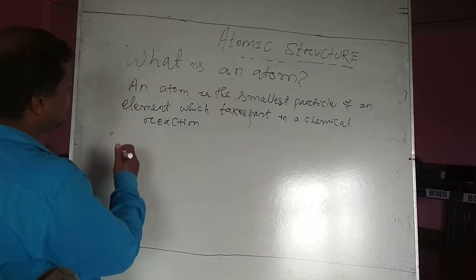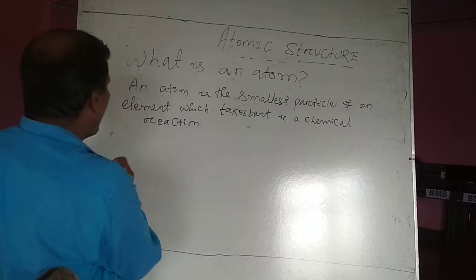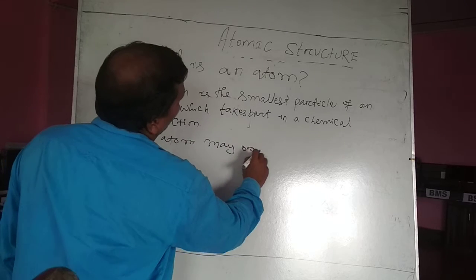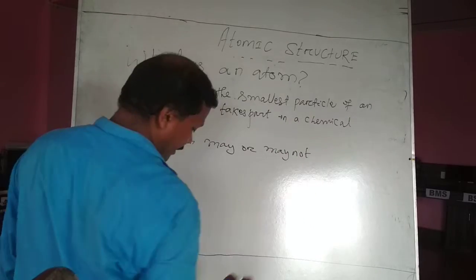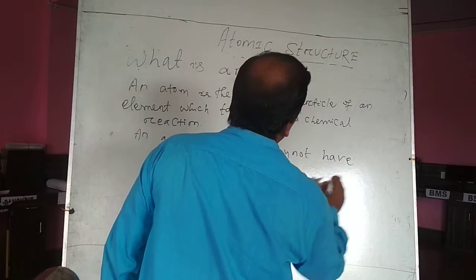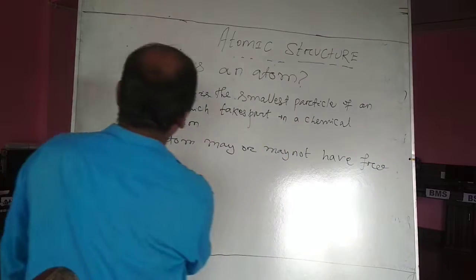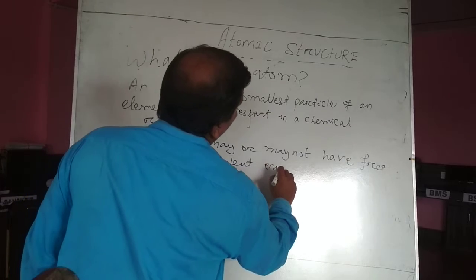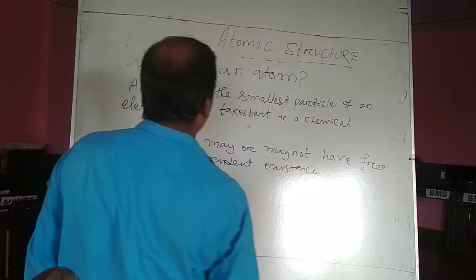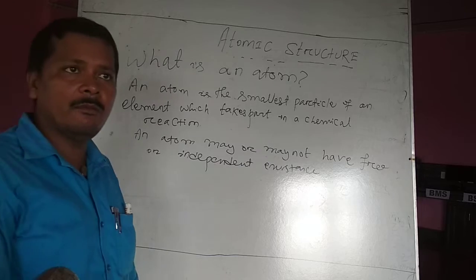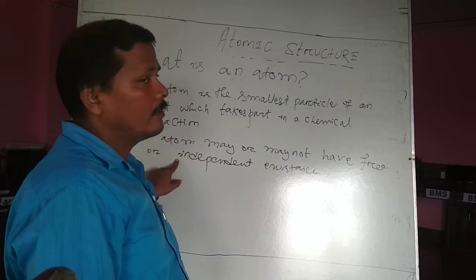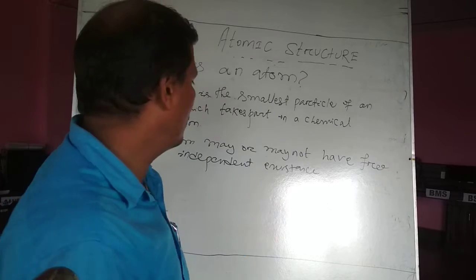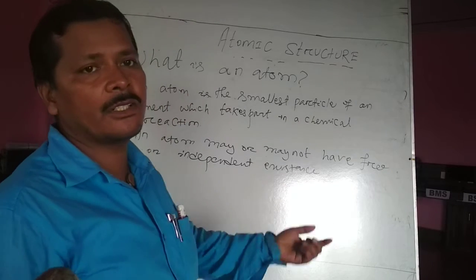Another thing is that an atom may or may not have free or independent existence. Free or independent existence means there are some elements whose atoms can exist independently or freely, whereas there are some other elements whose atoms cannot exist freely or independently.